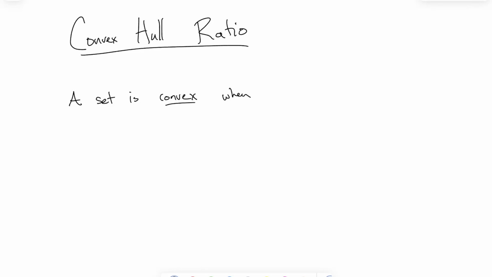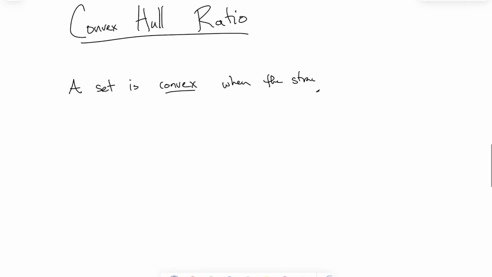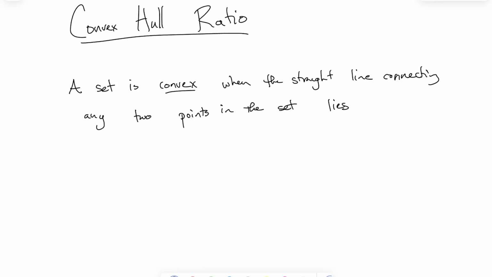A set is convex when, like I said, this is a little complicated when you write it down, the straight line connecting any 2 points in the set lies entirely within the set.